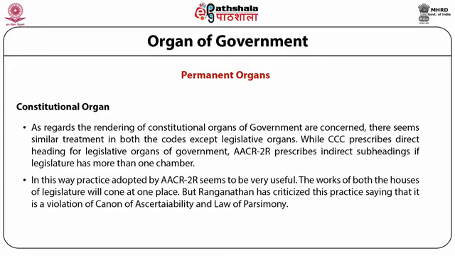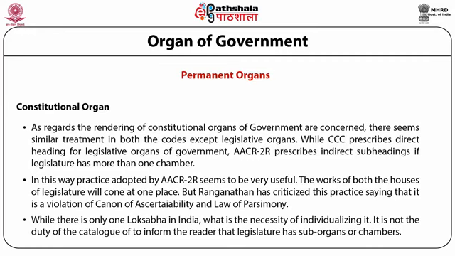The works of both the houses of the legislature will come at one place, but Ranganathan has criticized this practice, saying that it is a violation of the canon of ascertainability and the law of parsimony. While there is only one Lok Sabha in India, what is the necessity of individualizing it? It is not the duty of the catalogue to inform the reader that the legislature has sub-organs or chambers.